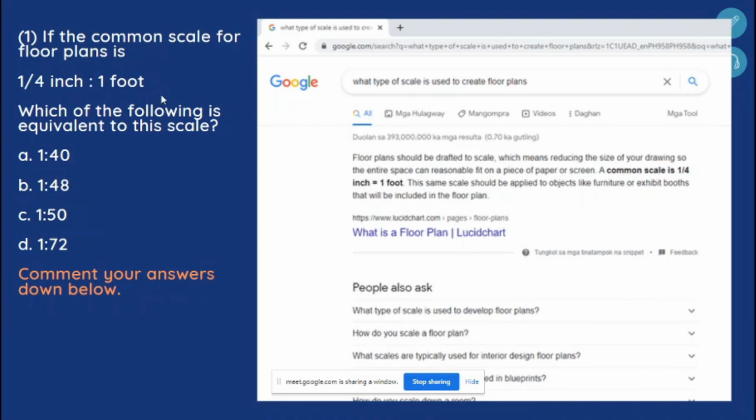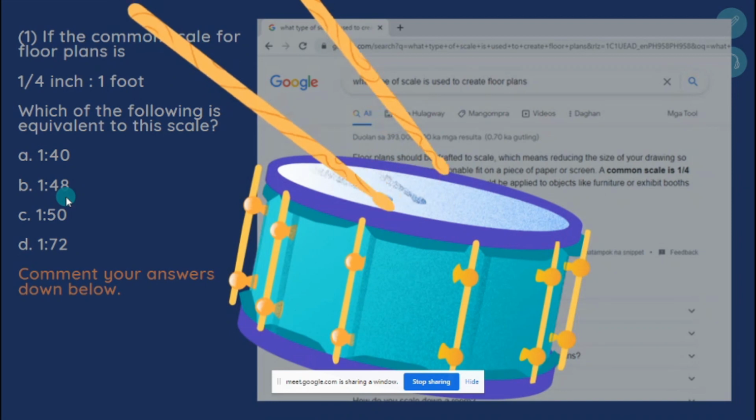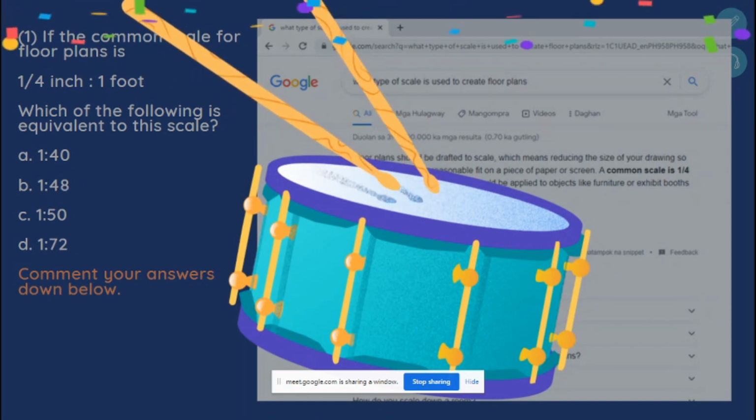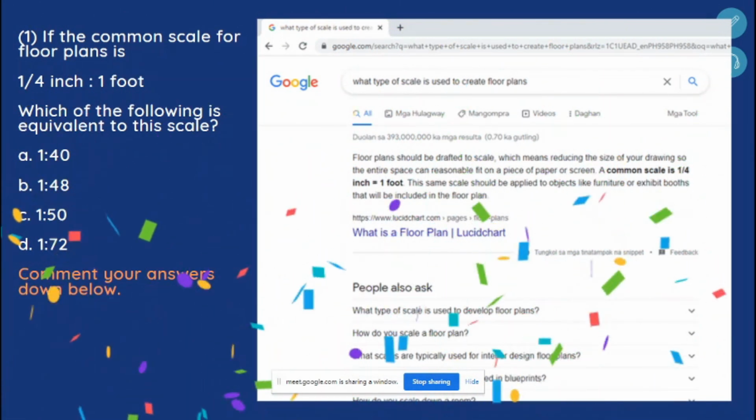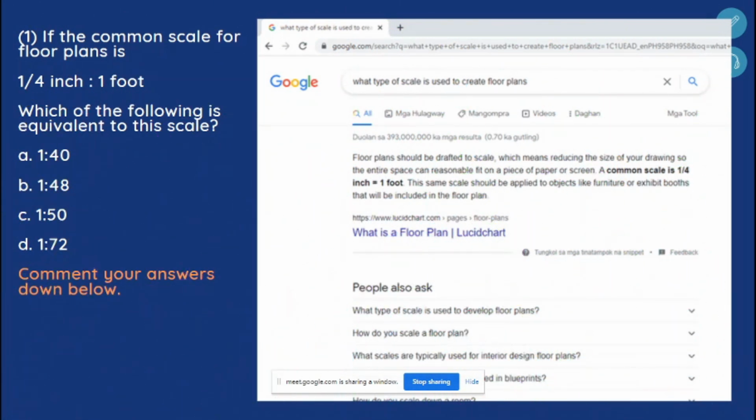So, your classmate Garcia just multiplied by 4. So 1/4 inch to 12 inches became 1:48. So our answer here, class, is letter B. That's actually the answer. Okay, let's move on to the next question.